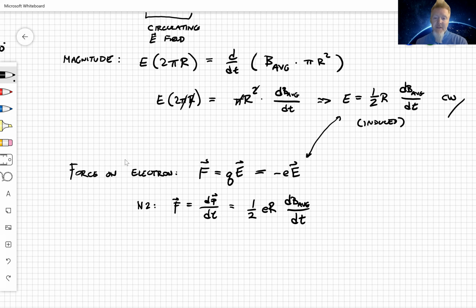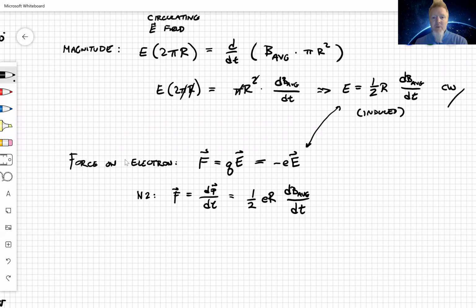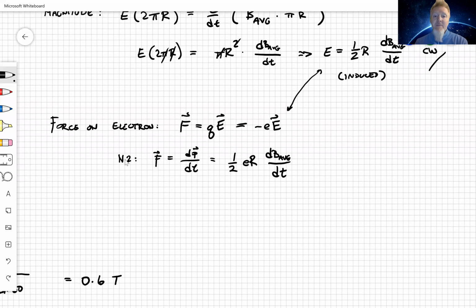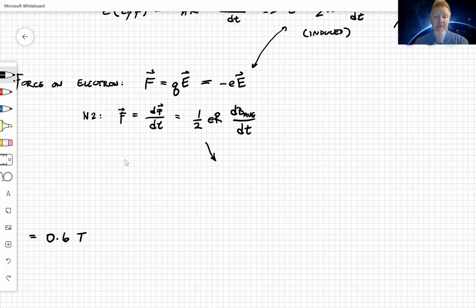If I put that E field in there, the time rate of change of the momentum is equal to this thing. If I want to find out what the momentum is doing, I'm going to split this derivative up and put the dt over here and integrate the momentum. So I'm going to change this into something that I can integrate on both sides.